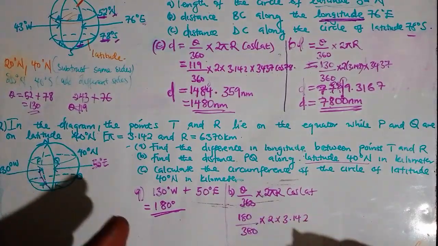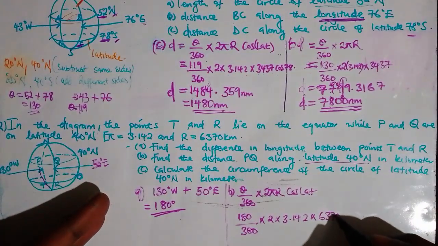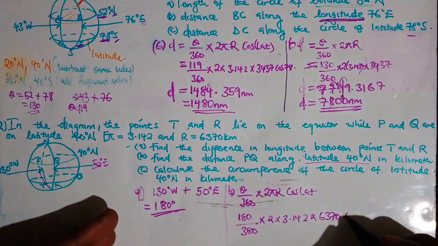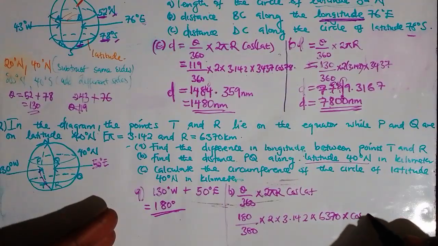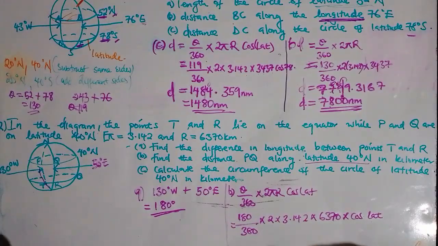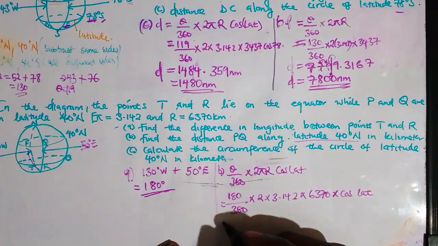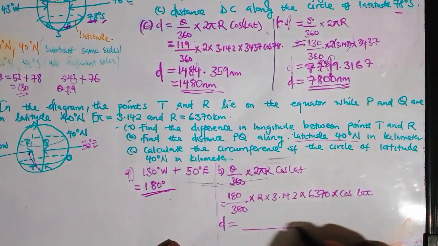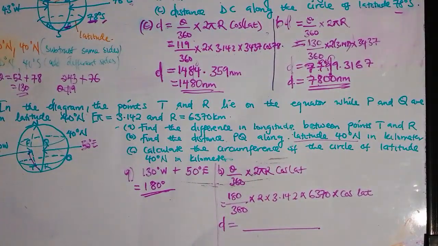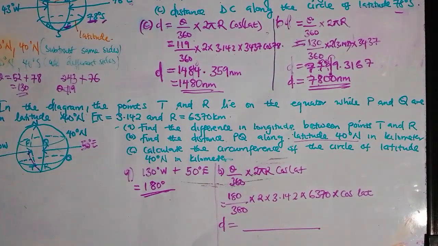We are using what? 6370 kilometers times cos lat. Yeah. So this question I'm leaving for you to solve. The answer will be at the end of the video if you want to see if you are correct or wrong.